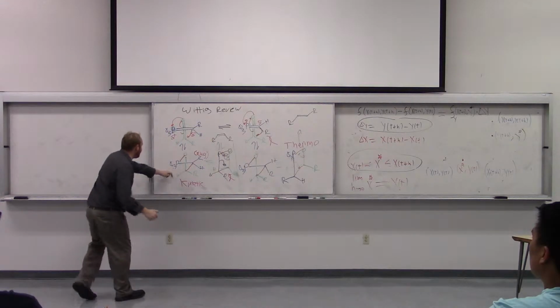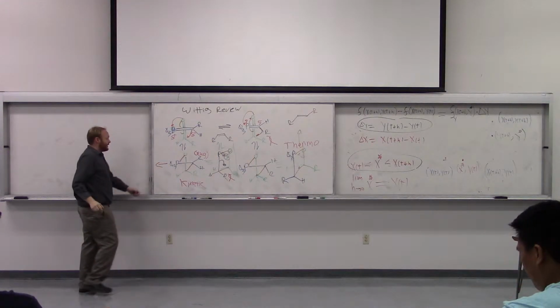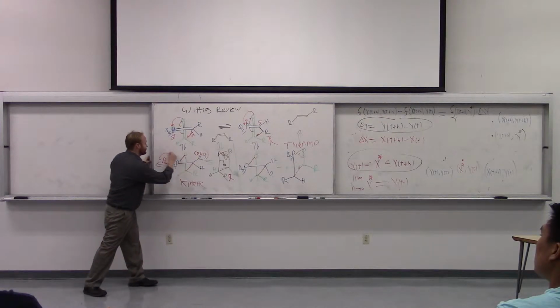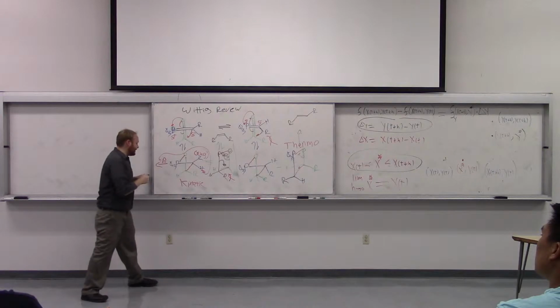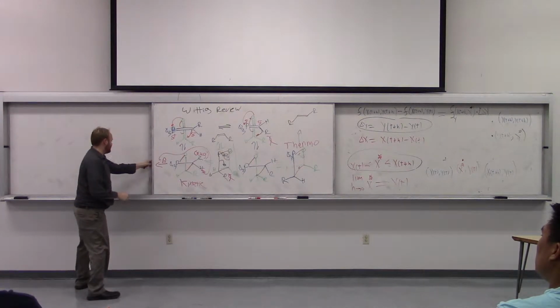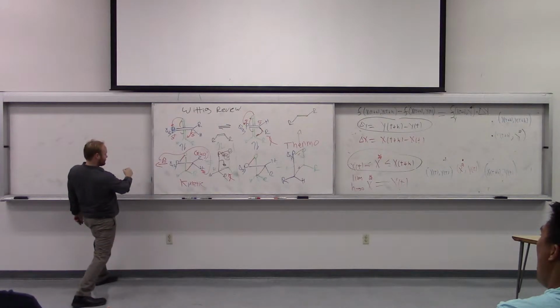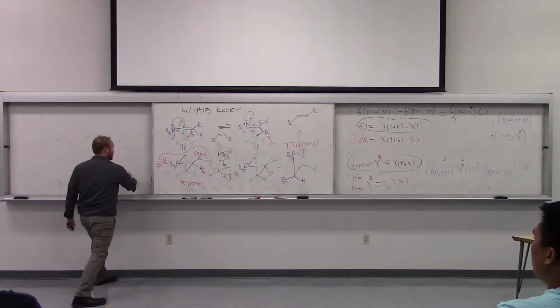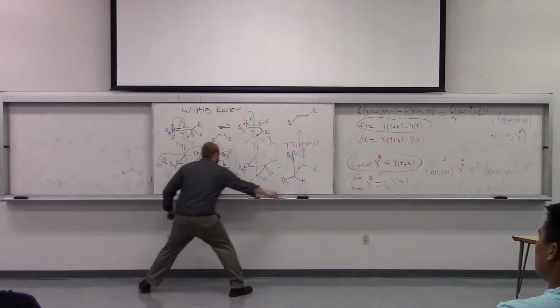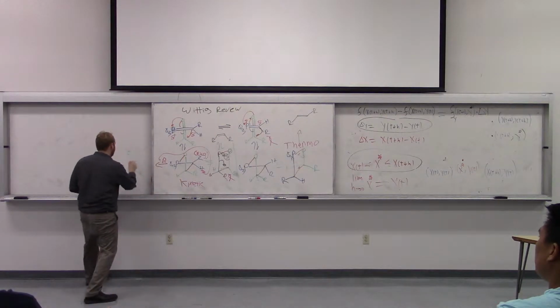So with this, if this is an electron withdrawing group, the base can take this and give us an anion.